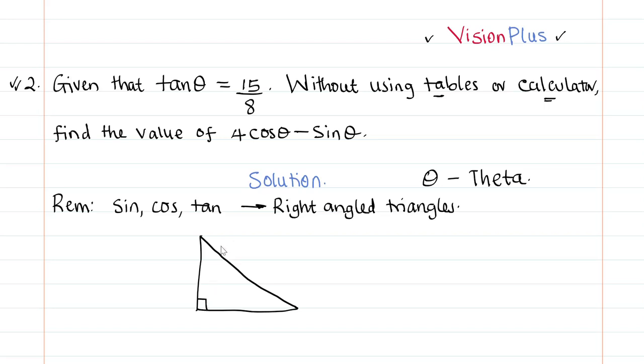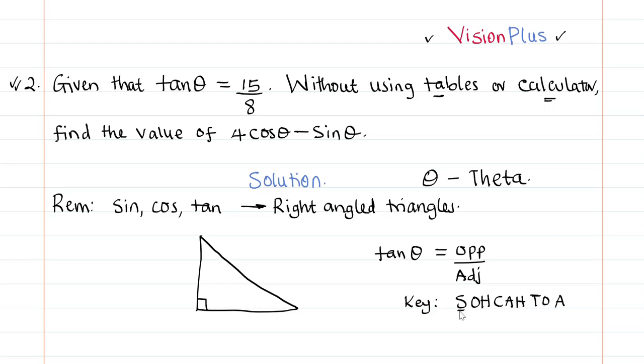Now for us to assign the parameters, remember, tan of any angle theta is given by opposite over adjacent. The key way for that is what we call SOHCAHTOA.